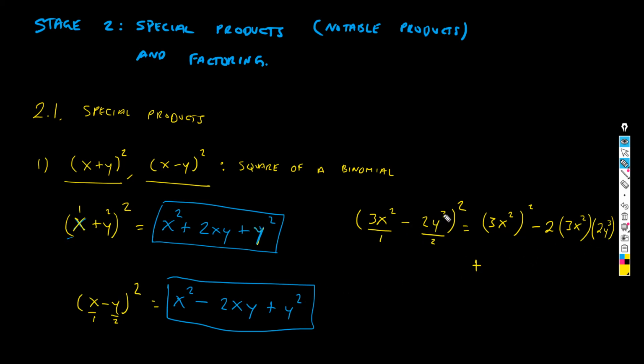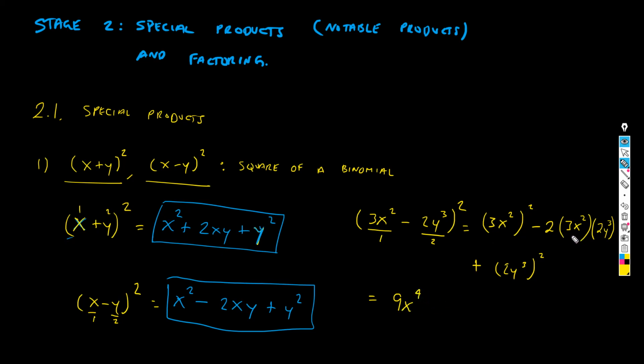What is my second number? It's all of this, 2y to the cube. So I write it down. This is my second number, and I square it. Now that I've done this, I can develop or expand the exponents. So 3x squared to the square is going to be equal to 9x to the 4.